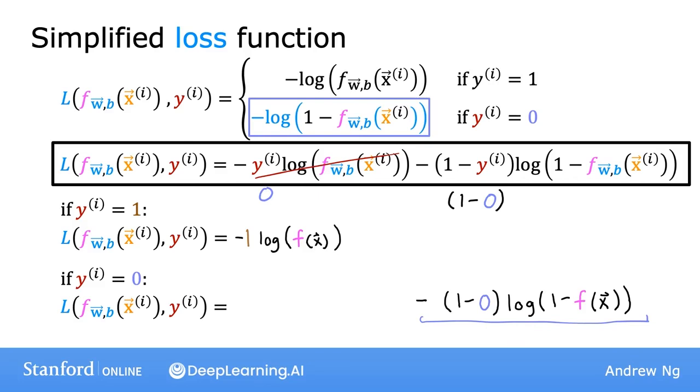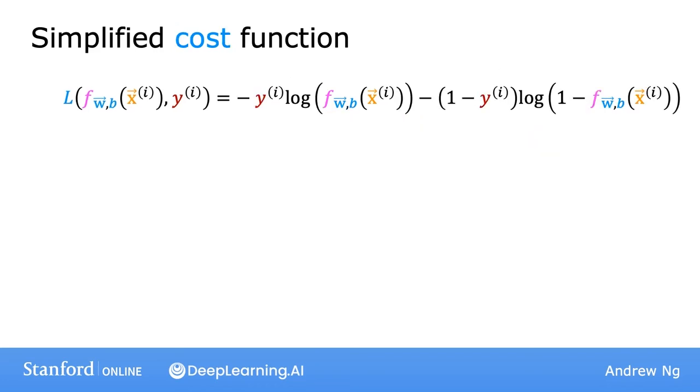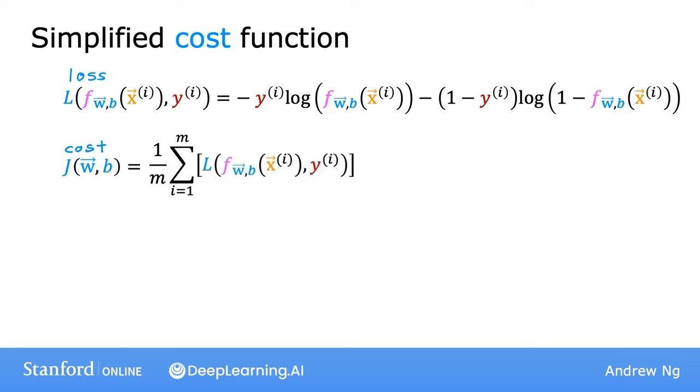Using this simplified loss function, let's go back and write out the cost function for logistic regression. So here again is the simplified loss function. And recall that the cost J is just the average loss, averaged across the entire training set of m examples.